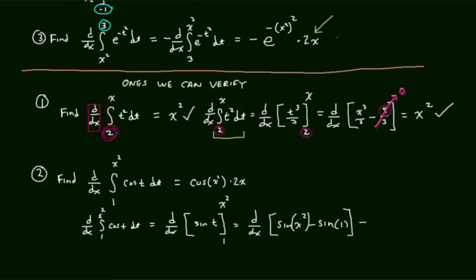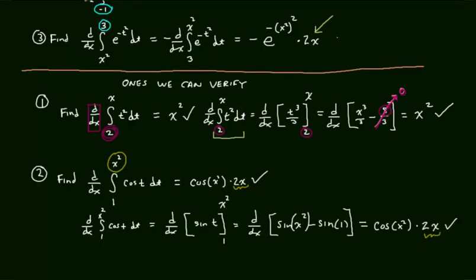Now I'm going to take the derivative of that expression, and that will be cosine x squared times the derivative of the stuff for chain rule times 2x. It verifies. And hopefully that explains why when this bound is something other than just x alone, we need to take its derivative at the end for chain rule.